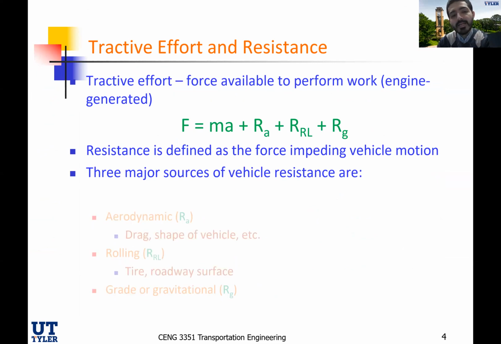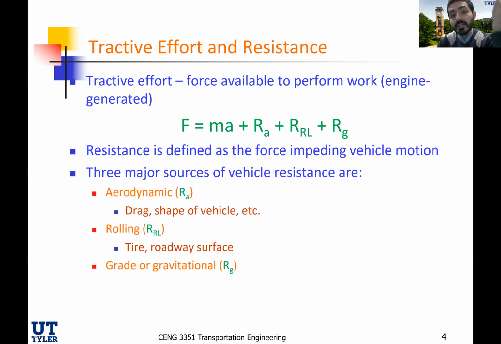I can simply ask you, what are those three major forces that any vehicle has to fight against to move forward? These are the aerodynamic resistance, the rolling resistance, and the grade or gravitational resistance. That's why the first letters are always R, for resistance. But then the A refers to aerodynamic, R_L to rolling, and G to the gravitational resistance.